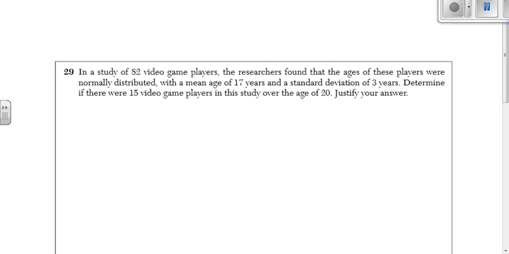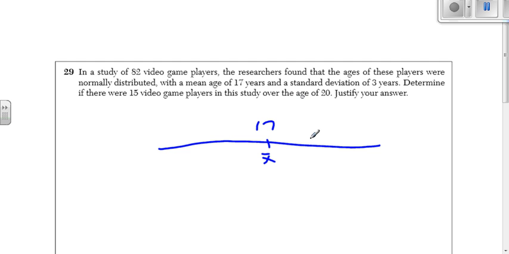In a study of 82 video game players, the research found the age of these players were normally distributed with a mean of 17 and a standard deviation of 3. Determine if there were 15 video gamers in the study at the age of 20. Justify your answer. So, on the number line, we're looking at the mean is 17.